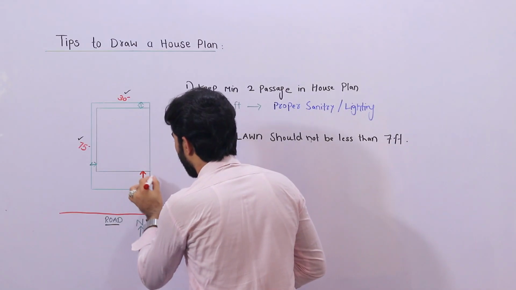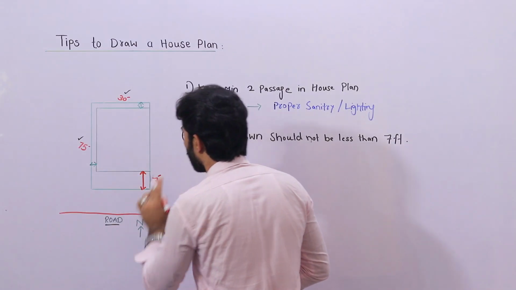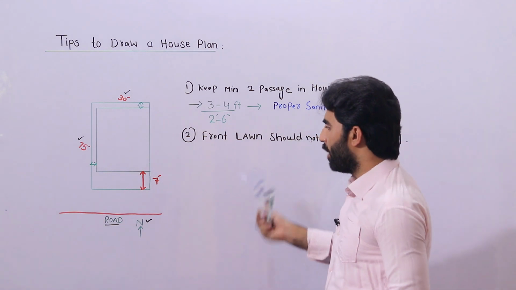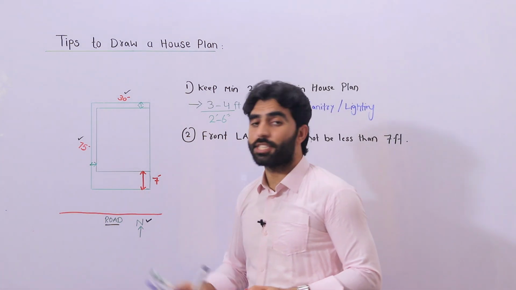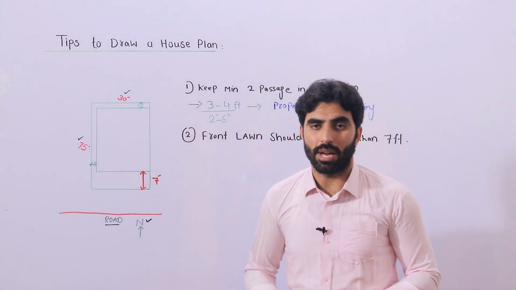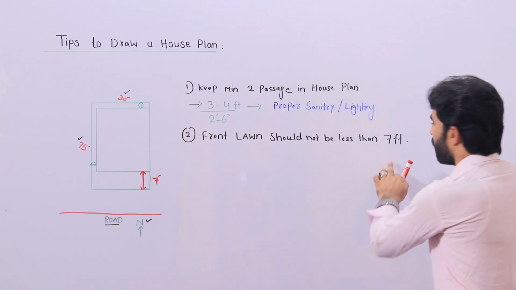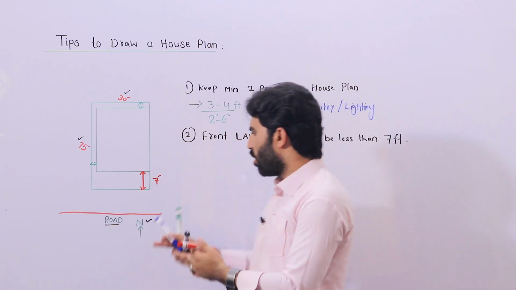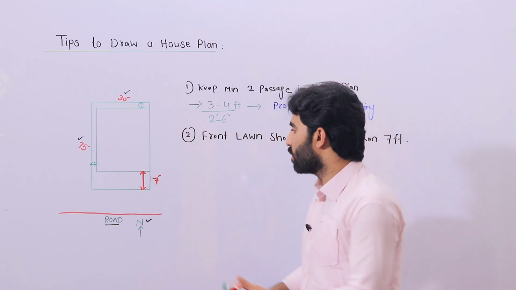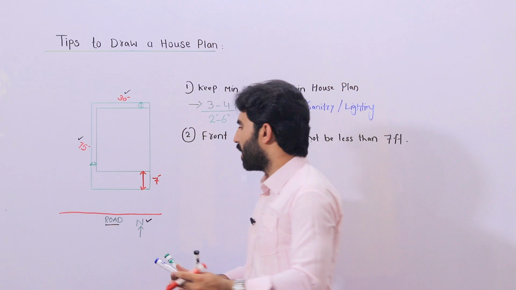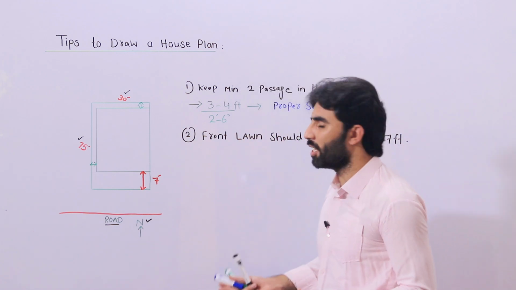This lawn should not be less than 7 feet. As I told you before, the back side lawn and the front side lawn depend on the length or width of the plot. But it is important to know 7 feet, because we can provide a small garden here, okay? And this lawn we can also use as a normal sitting area, etc.